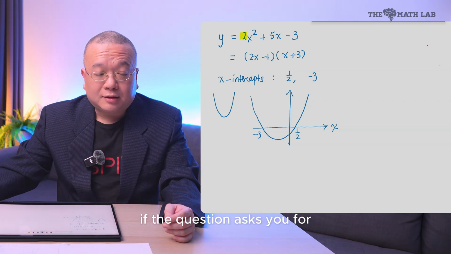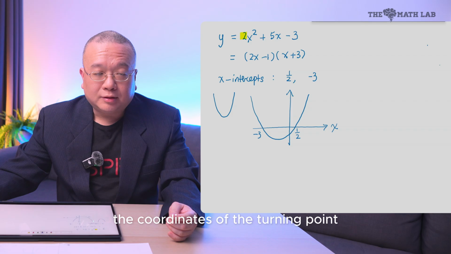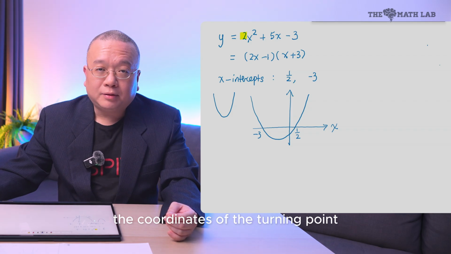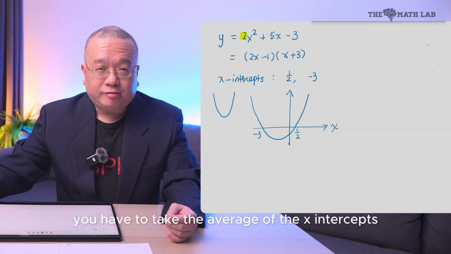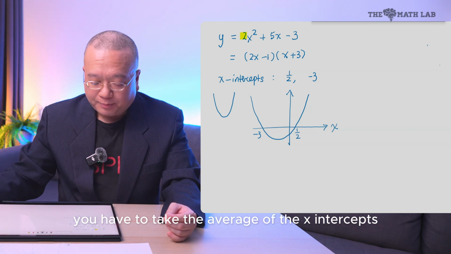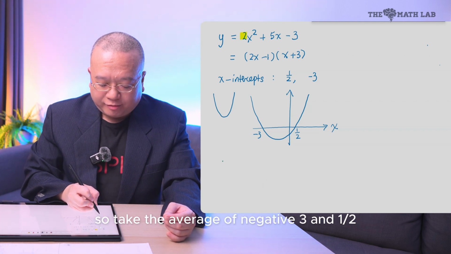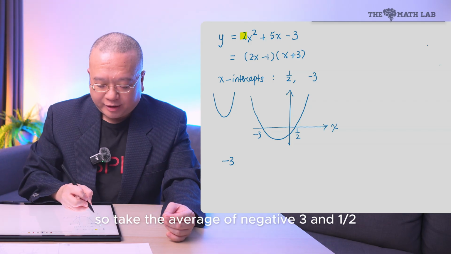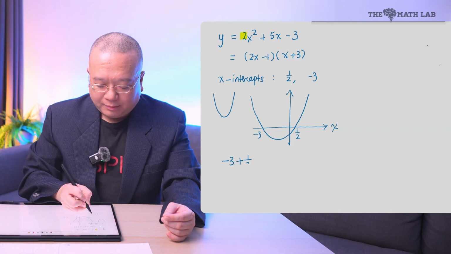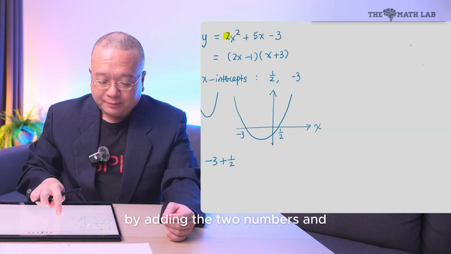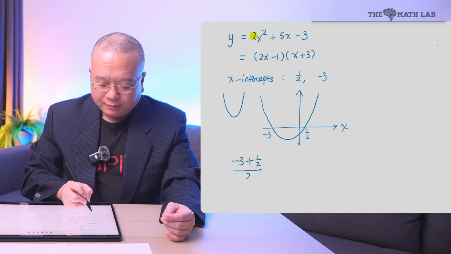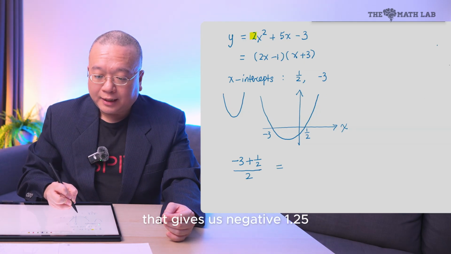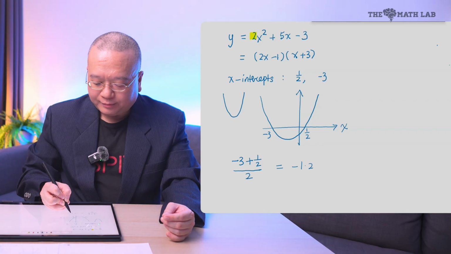If the question asks you for the coordinates of the turning point or the line of symmetry, you have to take the average of the x-intercepts. So take the average of negative 3 and half by adding the two numbers and dividing by 2. That gives us negative 1.25.